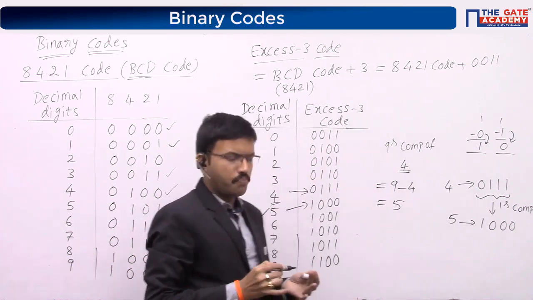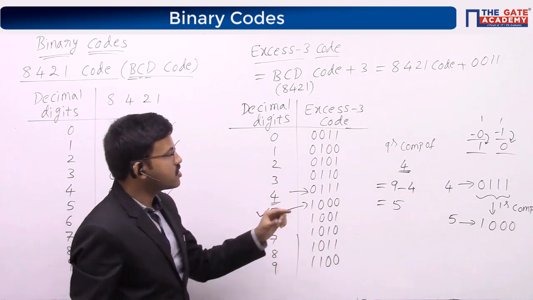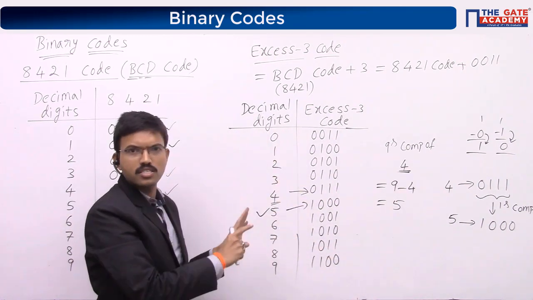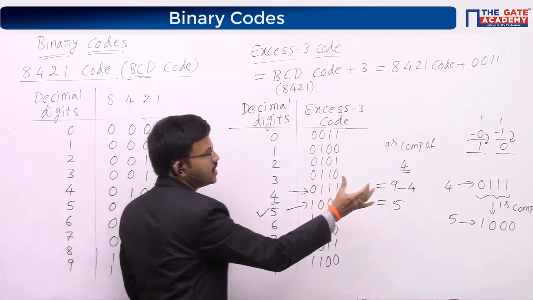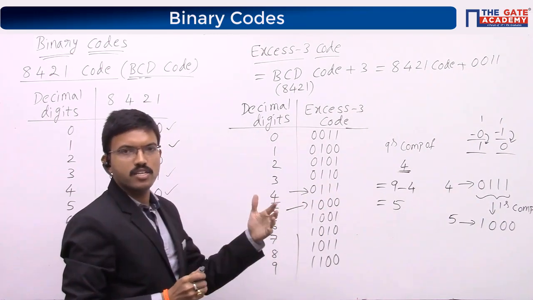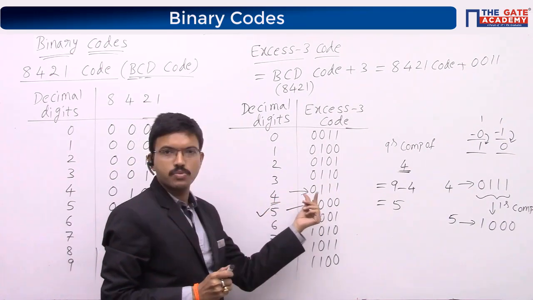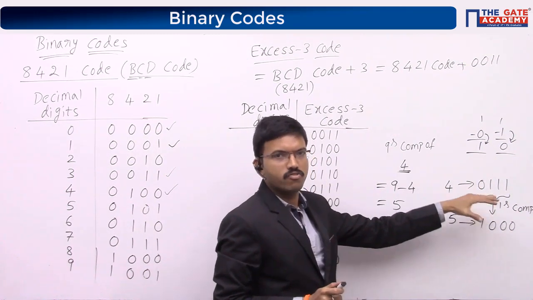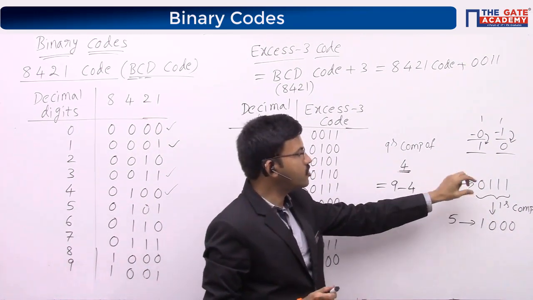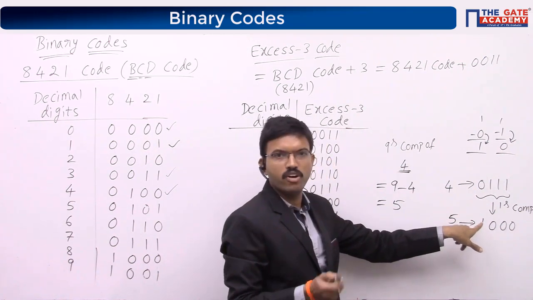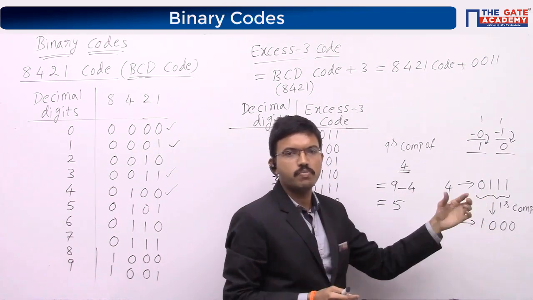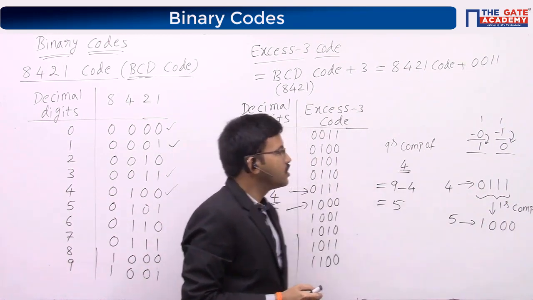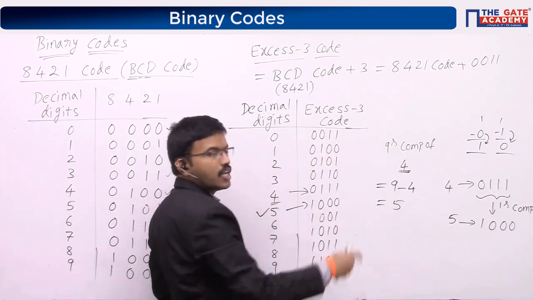So here, actually we have to perform subtraction, but the advantage of this XS3 code is that for whatever decimal digit you want the 9's complement of, we consider the corresponding code and apply the 1's complement to it. The 1's complement is very simple: if 0 is there, it becomes 1, and if 1 is there, it becomes 0. With the help of inverters, we complement the bits and directly get the resultant value.